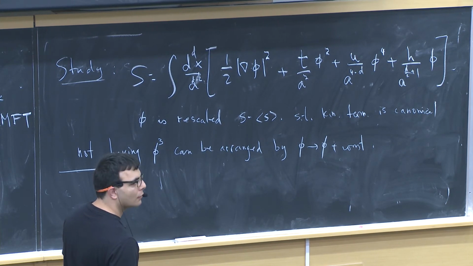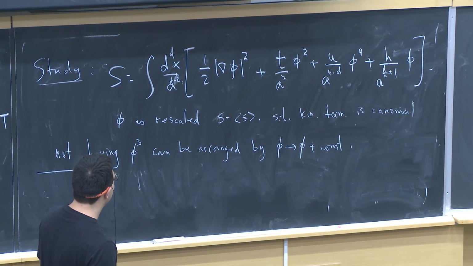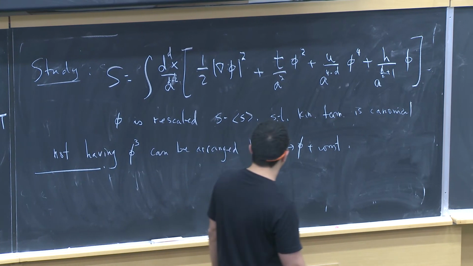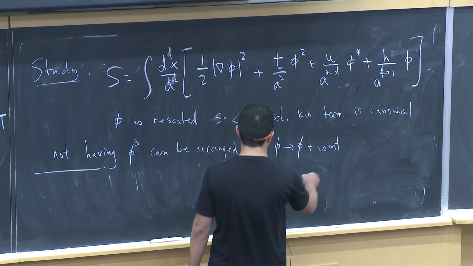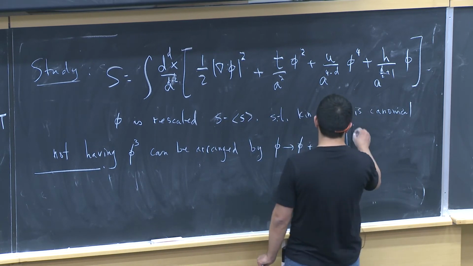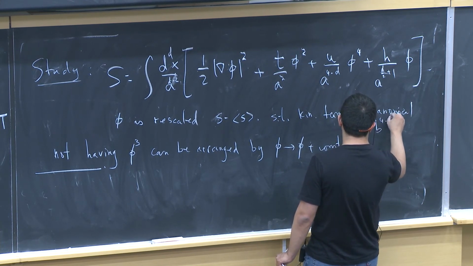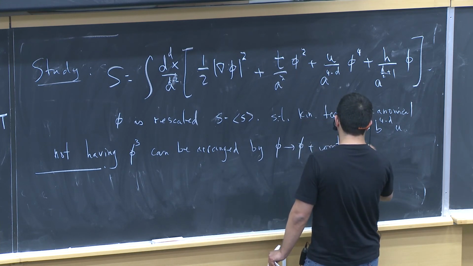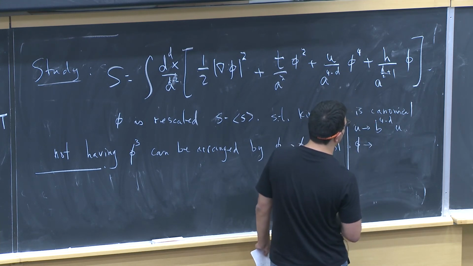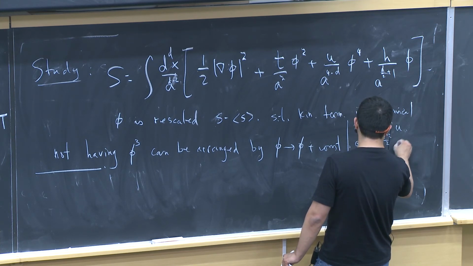Should there be a different law for u? For u, did I get it wrong? So let's see. Here, u goes to b to the 4 minus d times u. Phi goes like b to the (d minus 2) over 2 times phi.